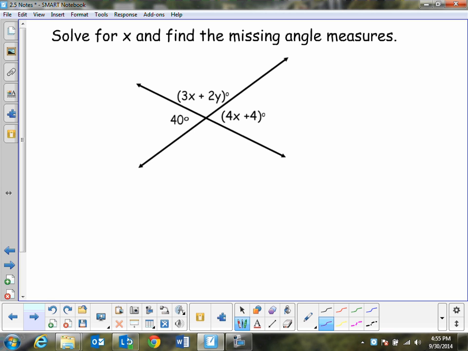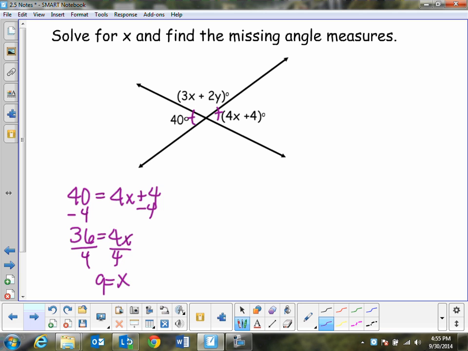So the only thing that I see here that we can work with is this one and this one, and they're vertical angles, so we can mark them congruent and set them equal to each other because that's the property of vertical angles. So do your algebra. 36 is equal to 4x, divided by 4, x equals 9. So x equals 9.